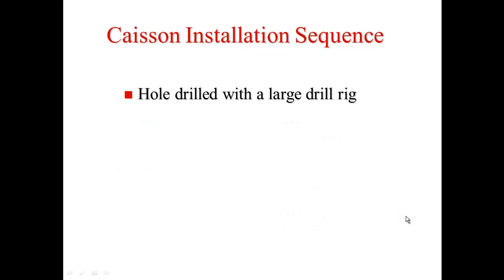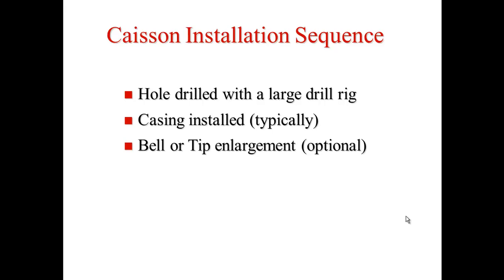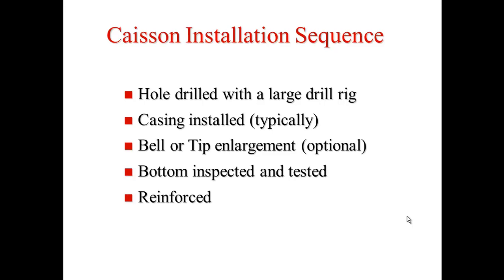The caisson installation sequence is: a hole is drilled with a large drill rig. The casing is installed, and sometimes they maybe just fill it with concrete, but typically you're going to put a casing down in there. There may be a bell or a tip enlargement at the bottom that would widen out to create more of a footing, and then the bottom is inspected and tested to see what's down there. They'll drop something in to test the support requirements, and then it's reinforced with steel reinforcing.